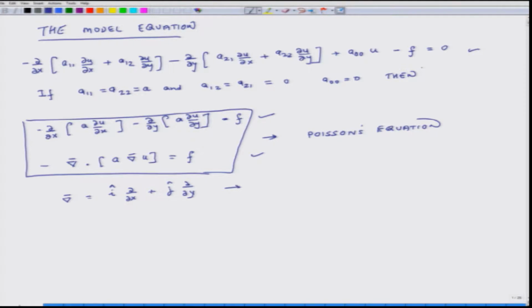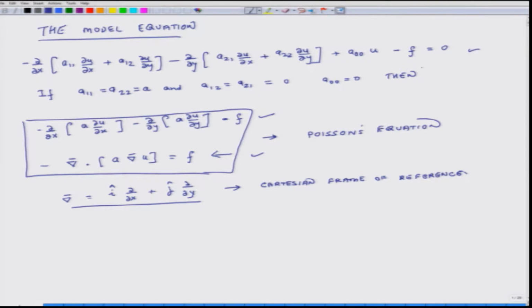Now, this definition is valid for a Cartesian frame of reference. For cylindrical and spherical frames, this definition changes, but the equation is still valid; it is just that the operator's definition changes.